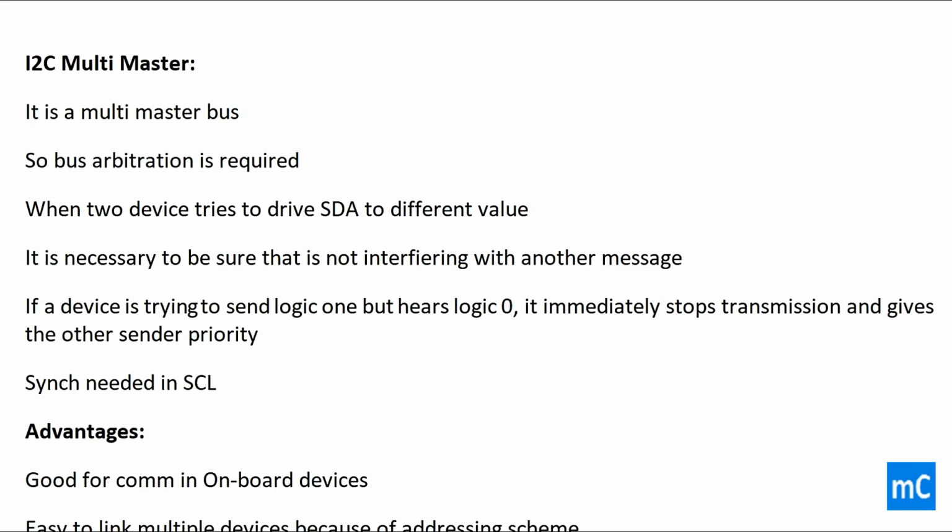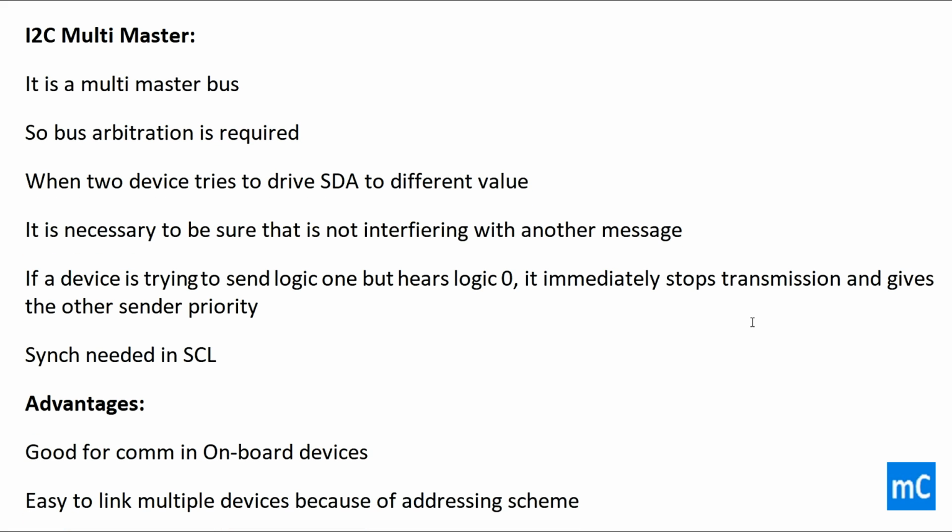I2C is a multi-master communication. So, bus arbitration is required. When two devices try to drive SDA to different values, it is necessary to be sure that it is not interfering with another message.